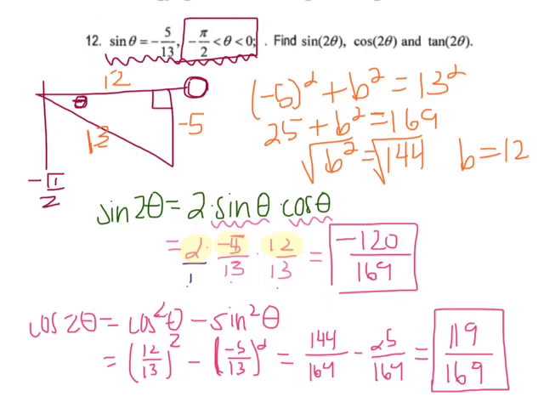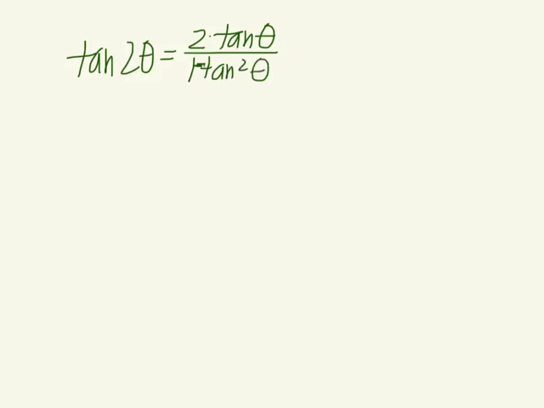Okay, the final one we have to do is tangent. So I got a new page here. Tangent of 2 theta. Write down the general formula: 2 times tangent of theta divided by 1 minus tangent squared of theta.